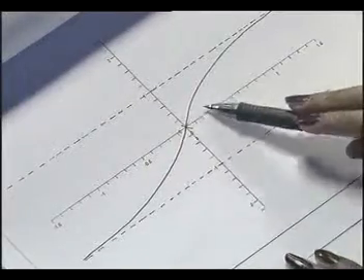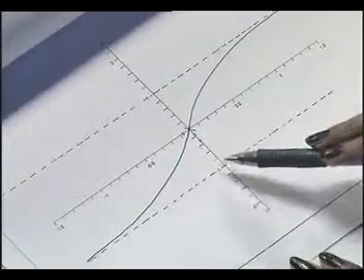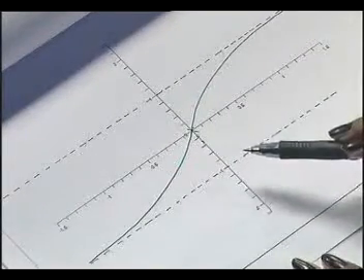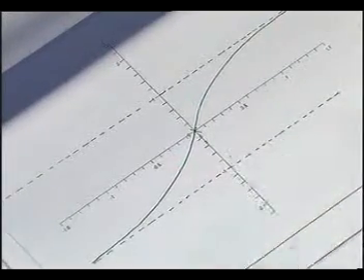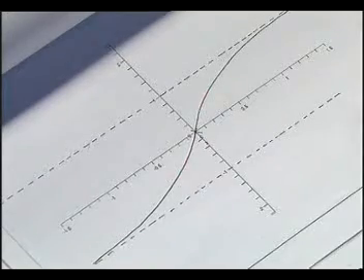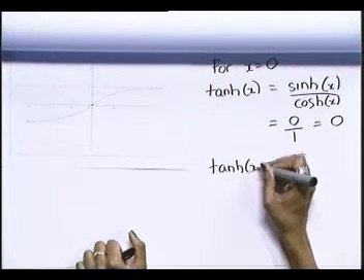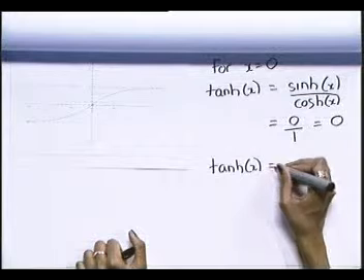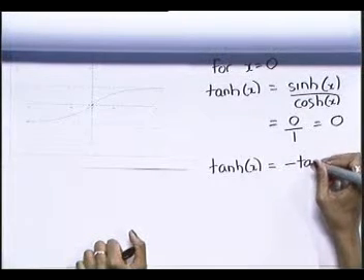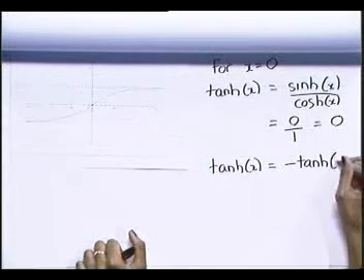But remember that these never actually reach 1 or minus 1. They just get very, very close to them as x gets large or as x gets more negative. Also notice that tanh of x is equal to minus tanh of minus x.